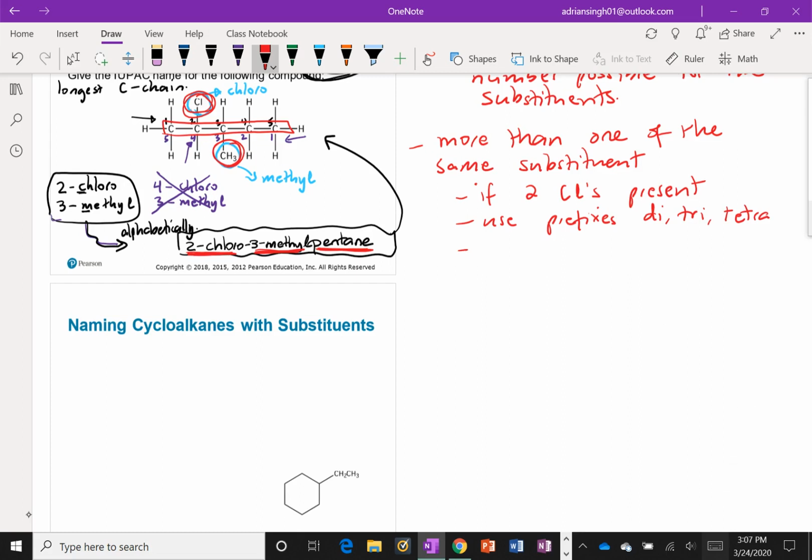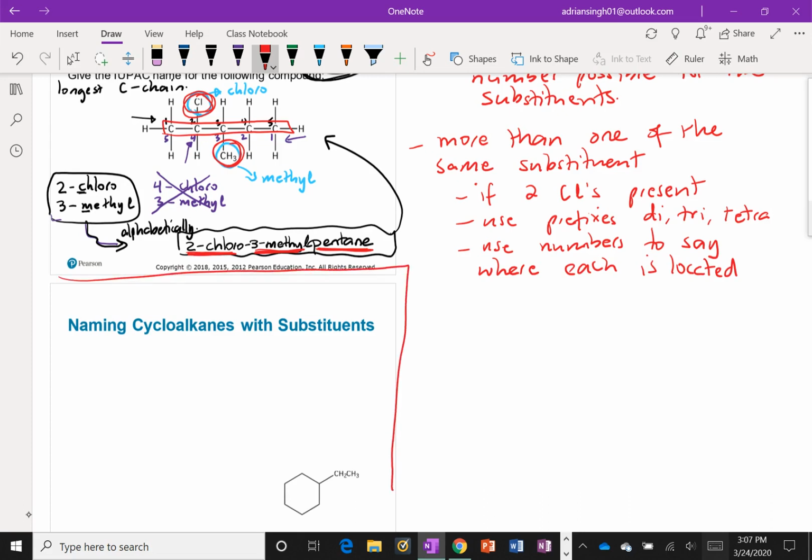And we're still also going to use the numbers to say where each is located, right? And you actually specifically have to lay it out explicitly in the name. So what do I mean by that? Well, let's say that we had a structure that looked like this.